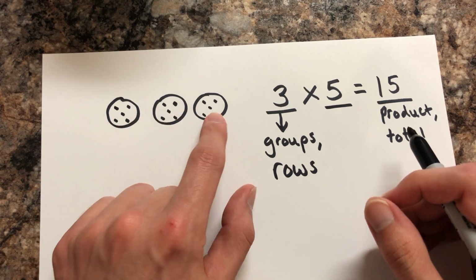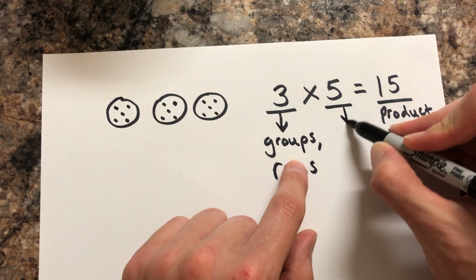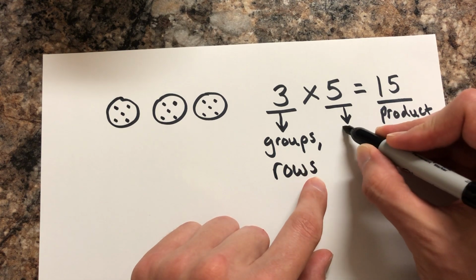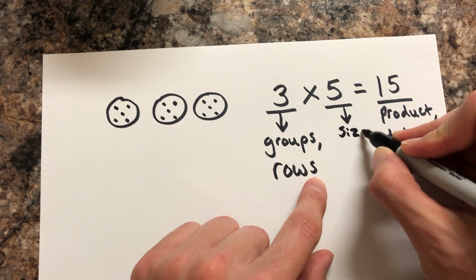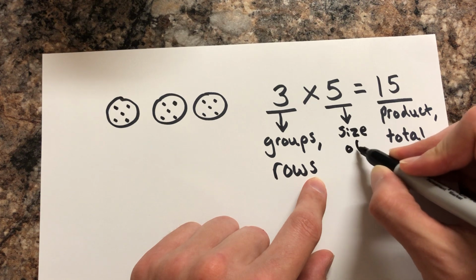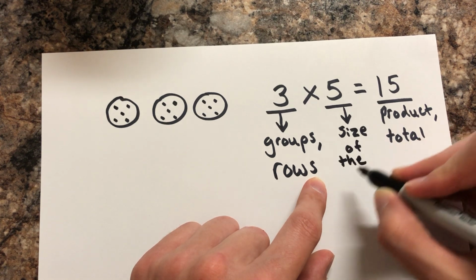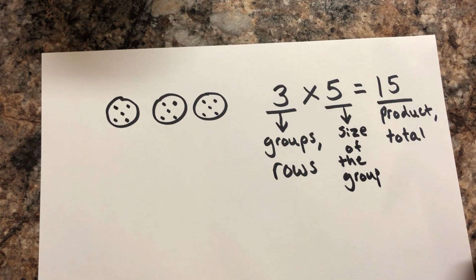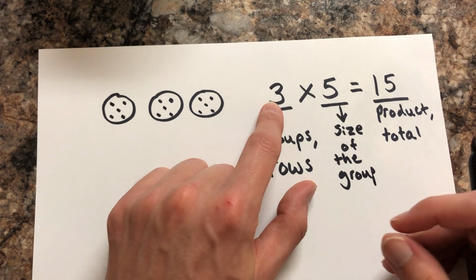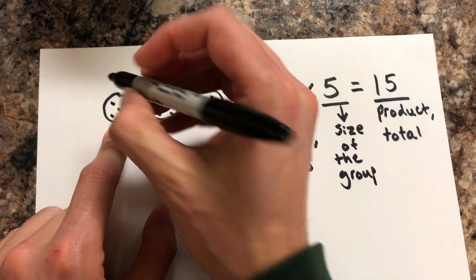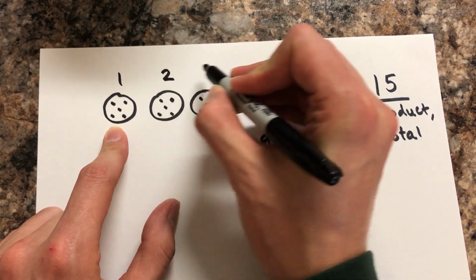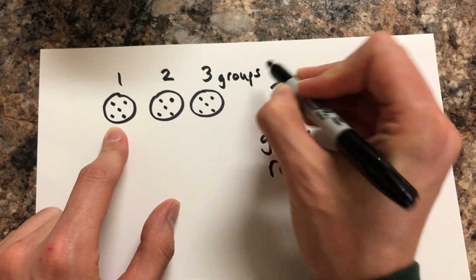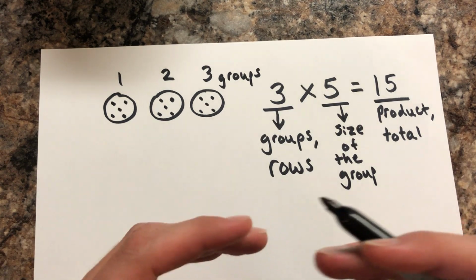Well, there's 5 in each, so this is going to be the size of the group. So the 3 is the number of groups, 1, 2, 3 groups. If we were talking about an array, it would be 3 rows.